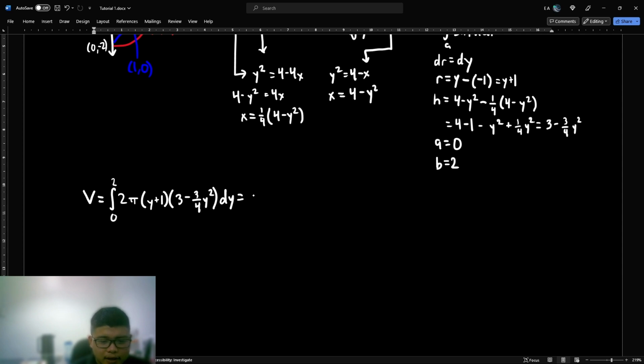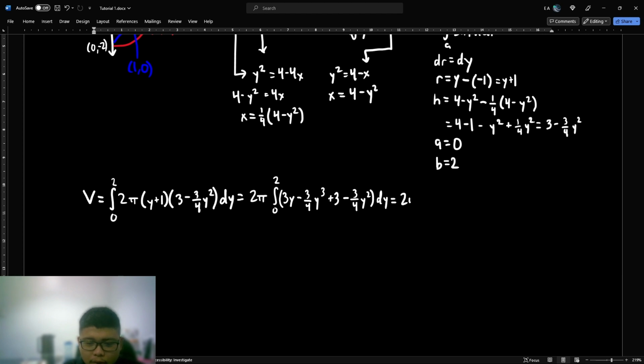Okay, we could simply put out the 2 pi since it's a constant, and let's distribute. Let's multiply y plus 1 and 3 minus 3/4 y squared using the FOIL method. So this becomes 3y minus 3/4 y cubed plus 3 minus 3/4 y squared dy.